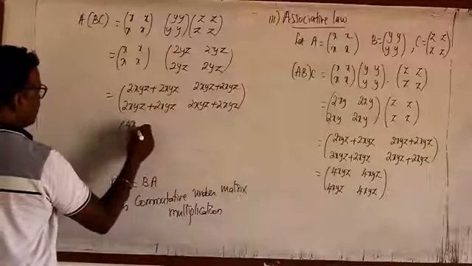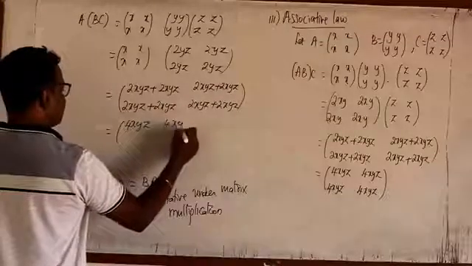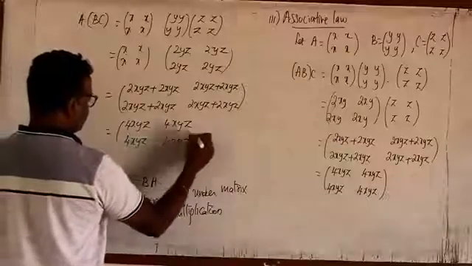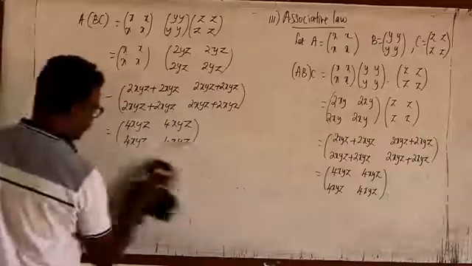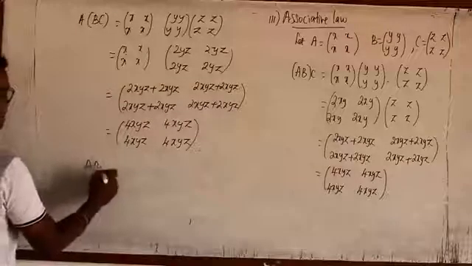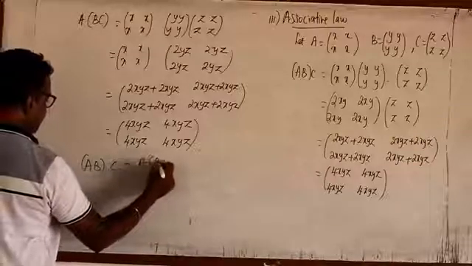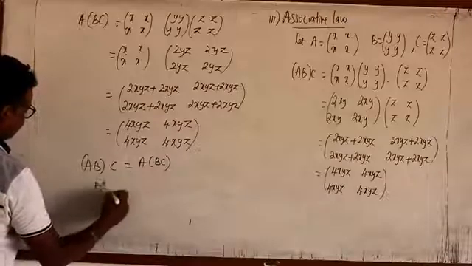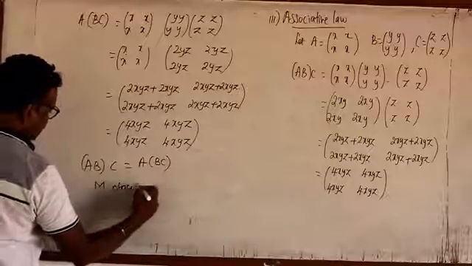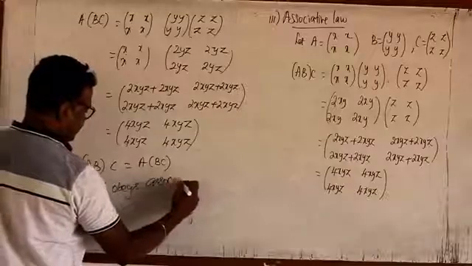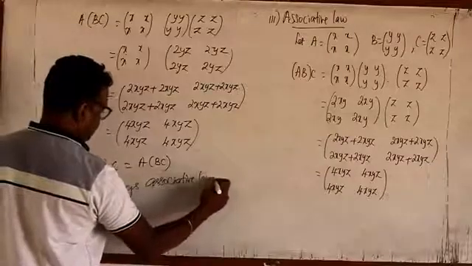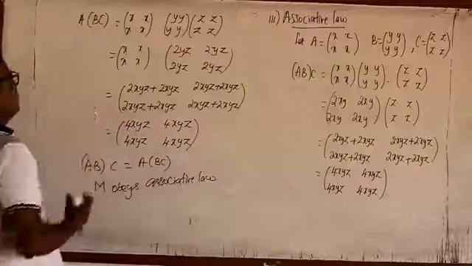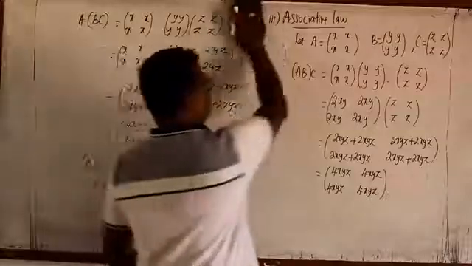Therefore it is 4xyz in every entry. So from this we can understand AB into C equals A into BC. Therefore M obeys the associative law. So we see this set M is obeying the closure law, commutative law, and also associative law.